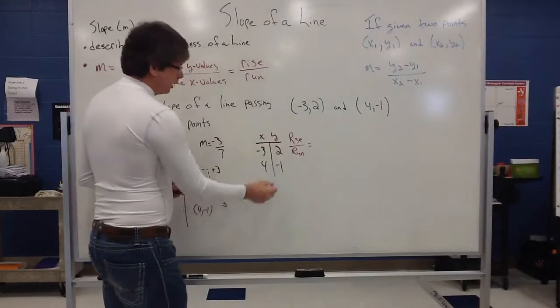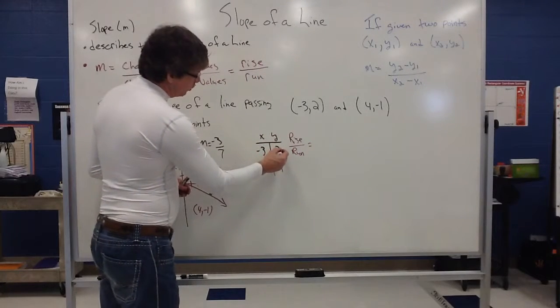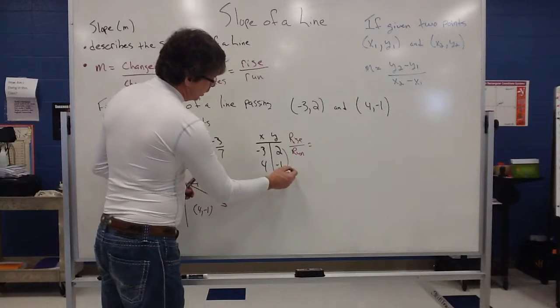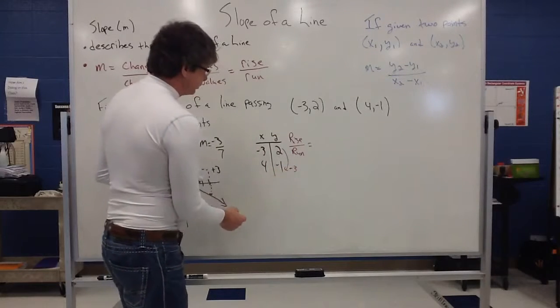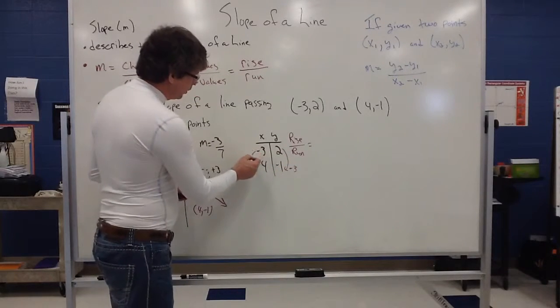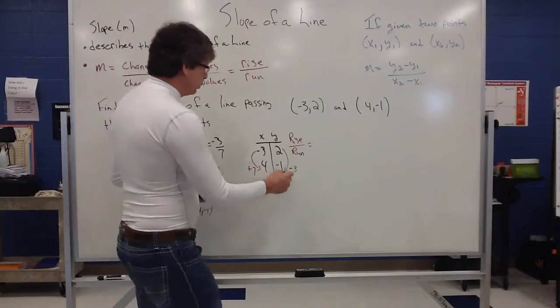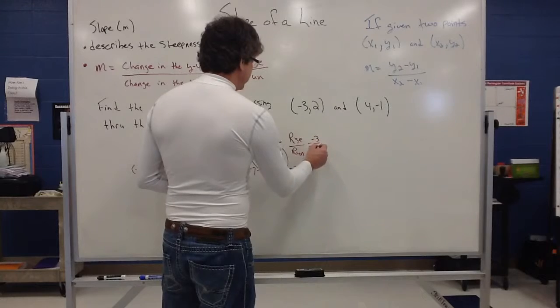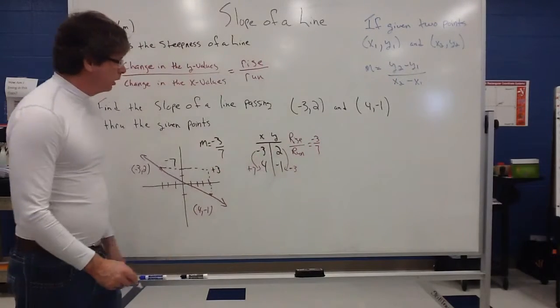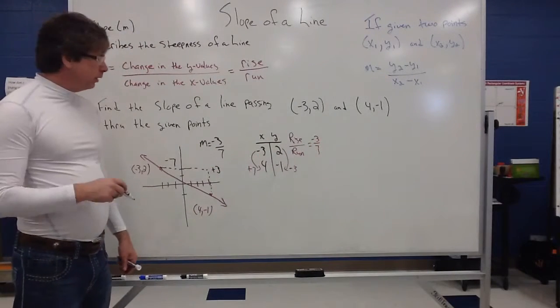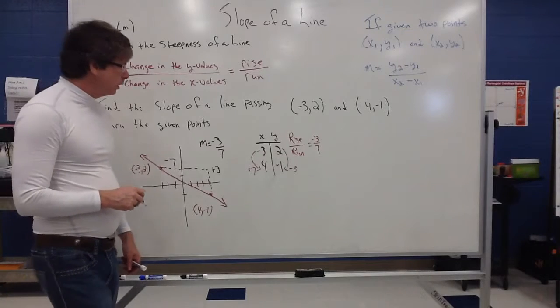I need to identify the change in the y. If it goes from a 2 down to a -1, that decreased by 3. And if I went from a -3 to a 4, that's an increase of 7. So therefore, my slope would be -3/7. If you can see that math in the form of a table, use that table to identify your slope.